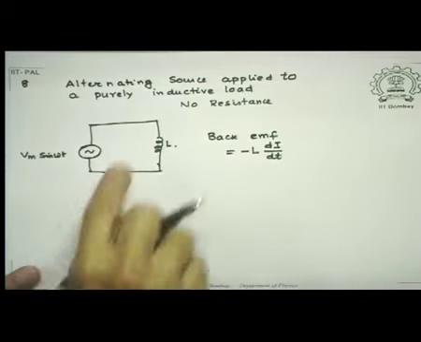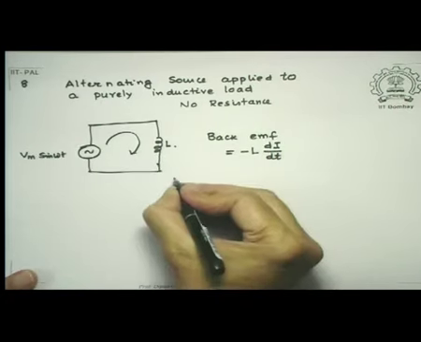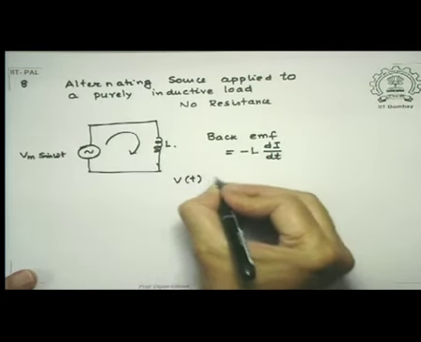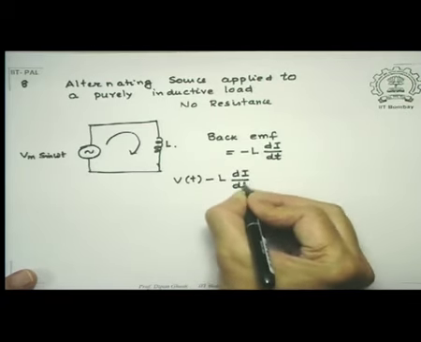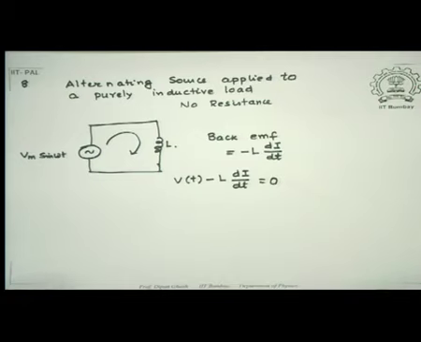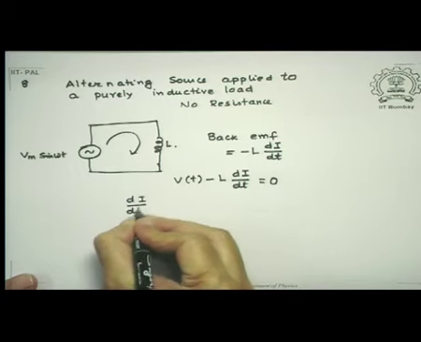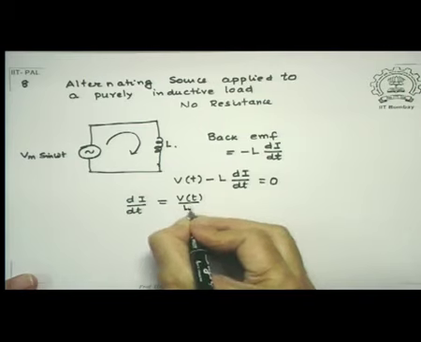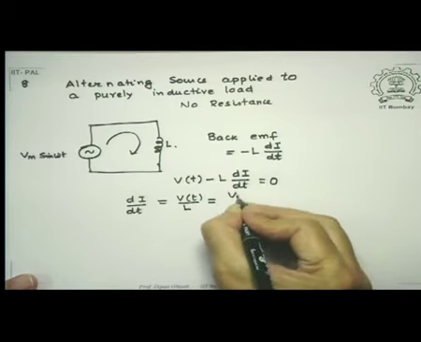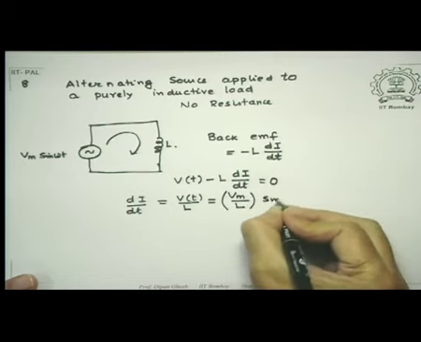So therefore, if I use Kirchhoff's law in the circuit, I get V of t at any instant of time minus L di by dt is equal to 0. Which tells me that di by dt is V of t over L, but V of t is known to be Vm sin omega t, so this is Vm over L times sin omega t.